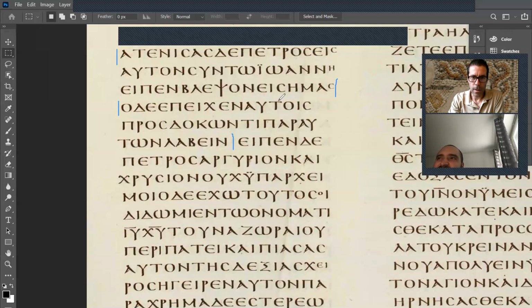Okay, autois, to them, so this is dative, plural, masculine. Prosdokon, okay, hoping. Is this the one word here in a participle? Yeah.